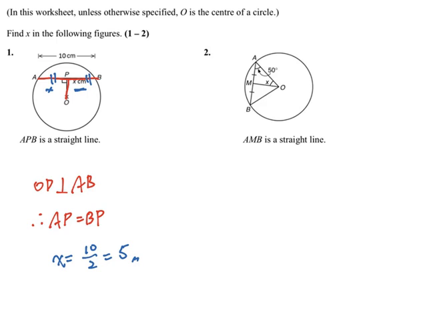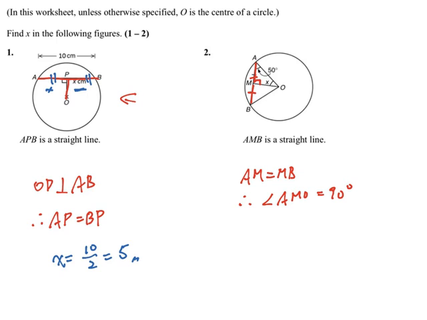Next, try to do question 2. Okay, let's check it. For question 2, this time we know this and this are the same, because AM is equal to MB from the question. So we have the result actually opposite to this one. That means angle AMO is 90 degrees.